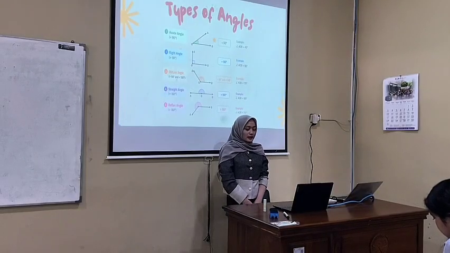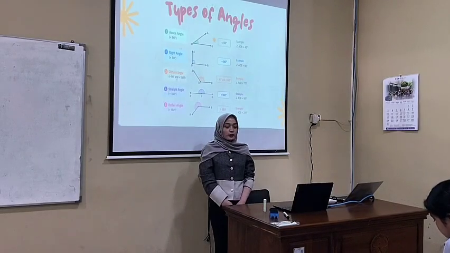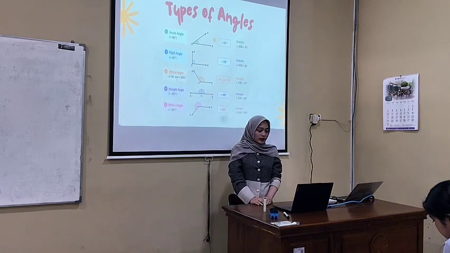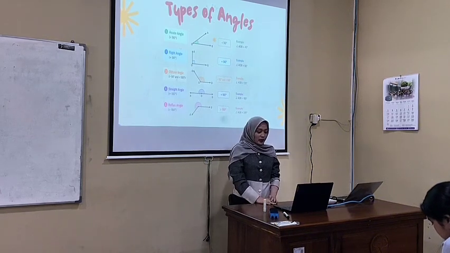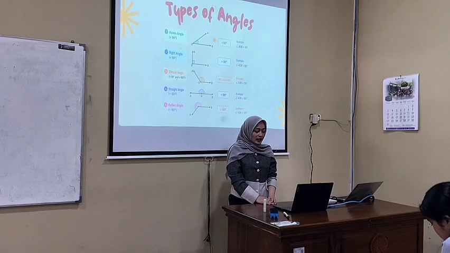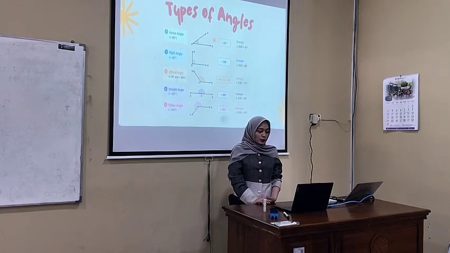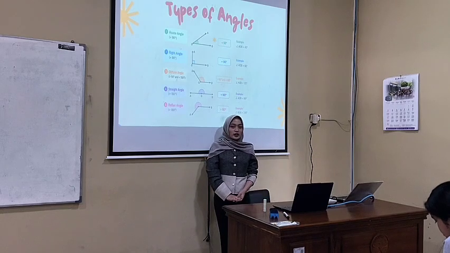Everyone, please get into groups of 3 or 4. Then try to match the angles that have the same size and shape. Look closely at the types, which are right angle, acute angle, and obtuse angle. Work together with your group.